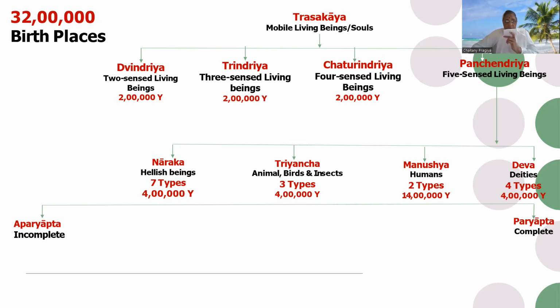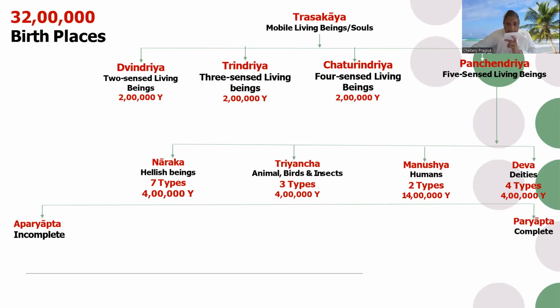Each of these mobile living beings is also huge in quantity, which we have already discussed. And here we can see that among the 5-sense living beings, there are 4 types: hellish living beings, and animals and birds, which have 5 senses.